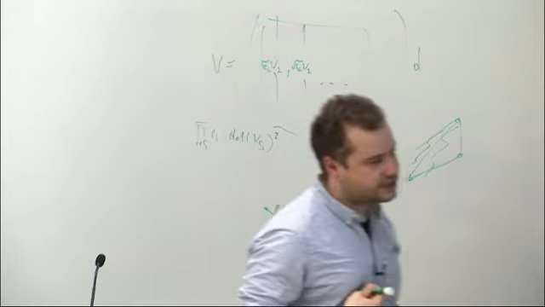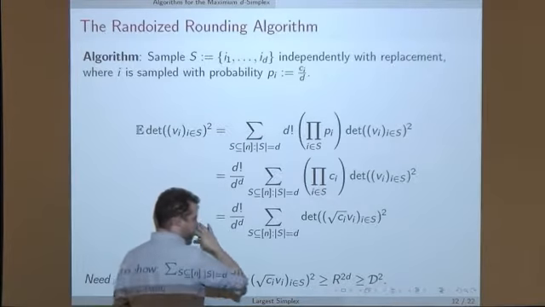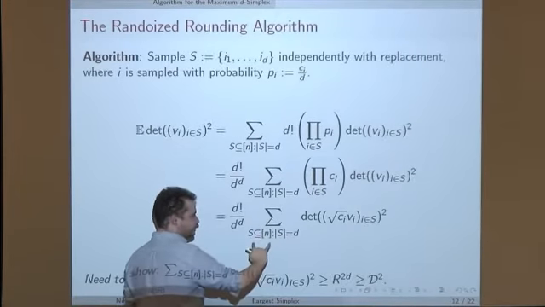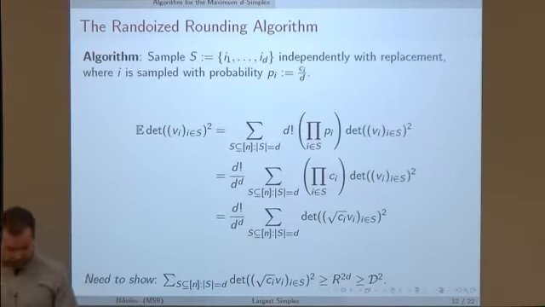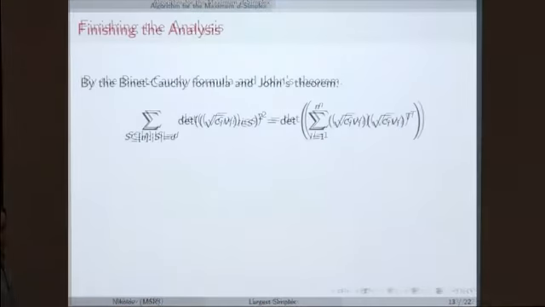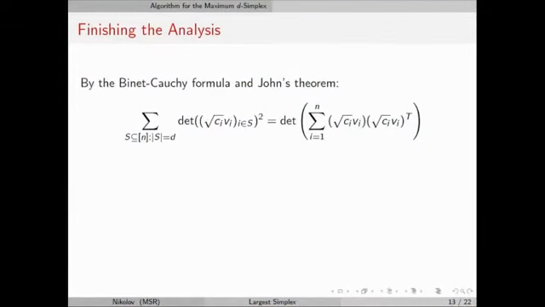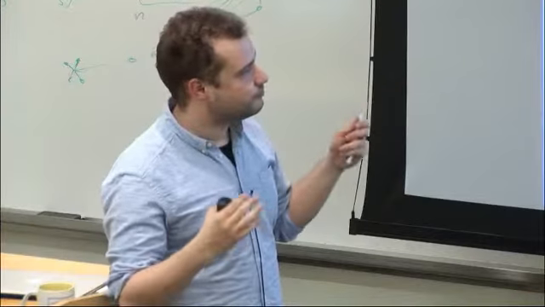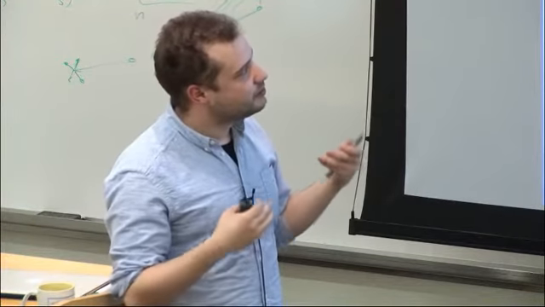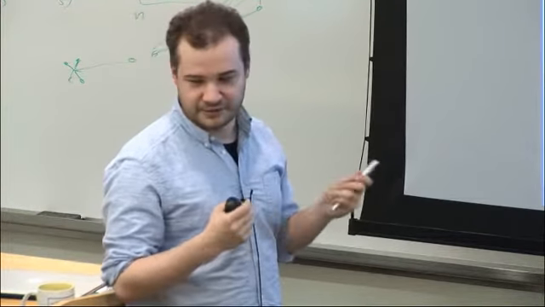And now this summation is the sum over all d by d submatrices of the squared determinant of the submatrix. So I want to relate this to this radius using John's theorem. And this turns out to follow immediately from the Binet-Cauchy identity for determinants.